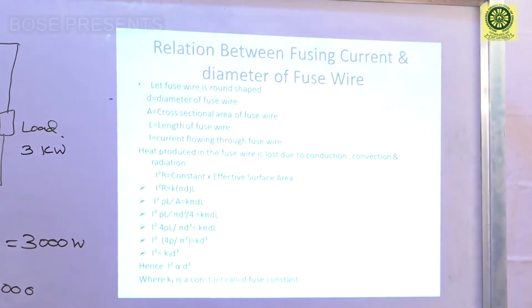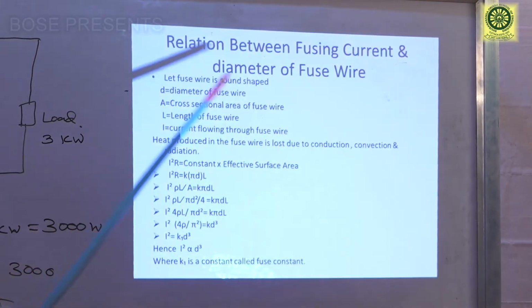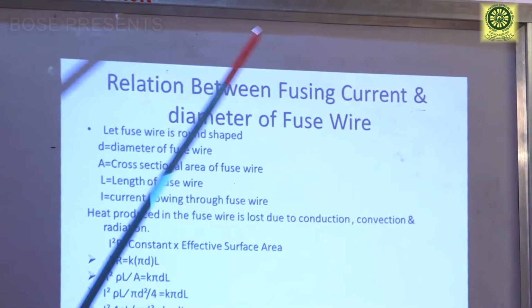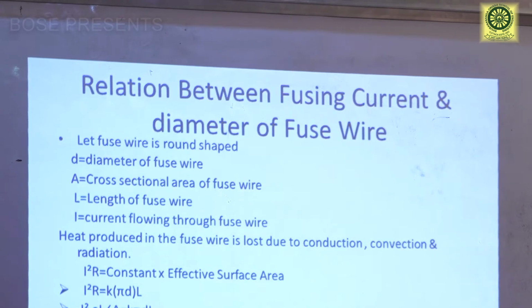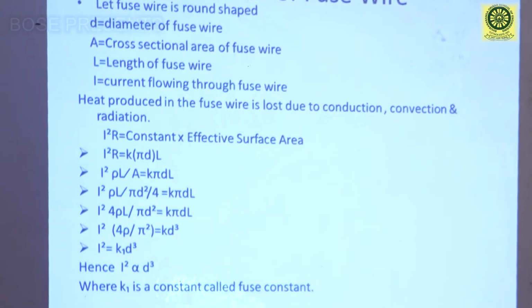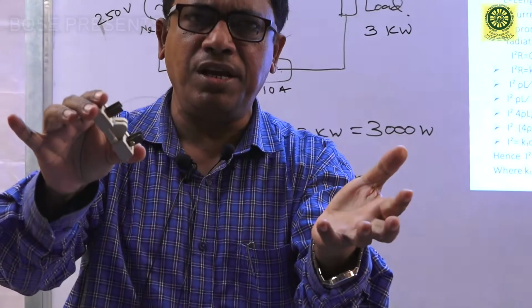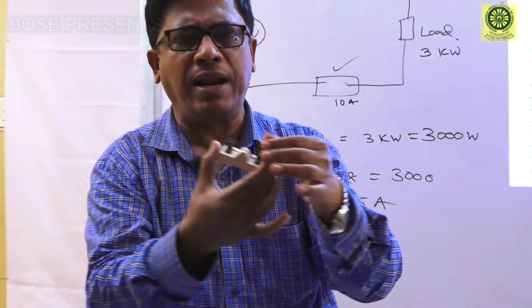I will derive a relation between your fusing current and diameter of fuser. So this is your fuser. It is prepared from copper. You can make it from tin, lead, different alloys are there.